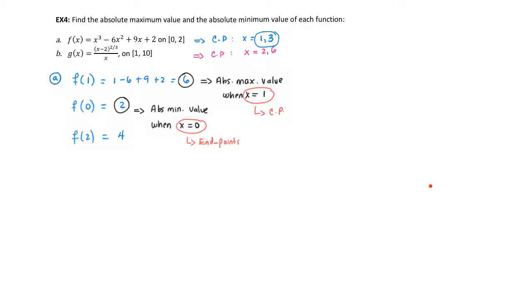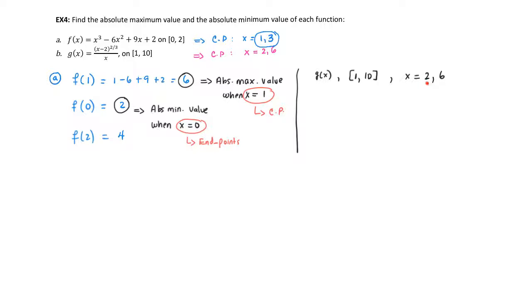Let's go ahead and pretty much repeat the process with the other function, with g of x. So now for g of x, the closed interval happens to be 1 and 10. And if you remember again, the critical points are 2 and 6.